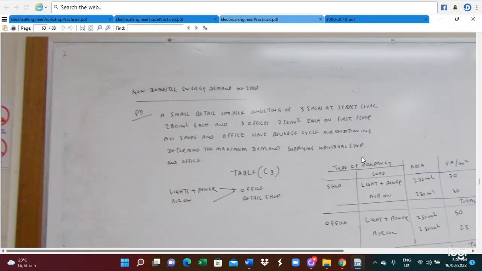In today's lesson, I have explained how to calculate the maximum demand of a domestic installation and also the lighting points. Up to the base of 63 you have to verify it. This is for electrical engineer practice, and we shall refer to this lesson.